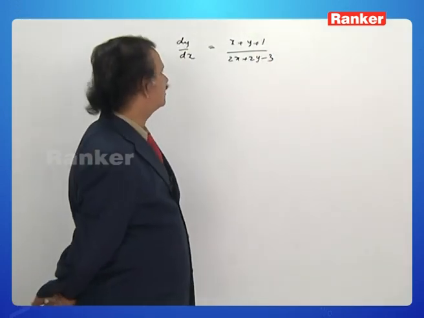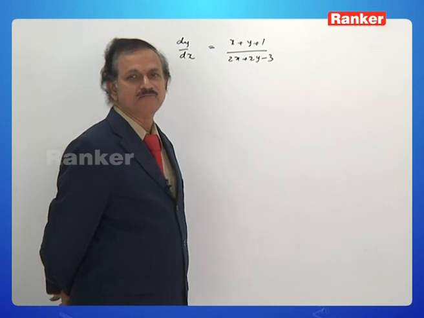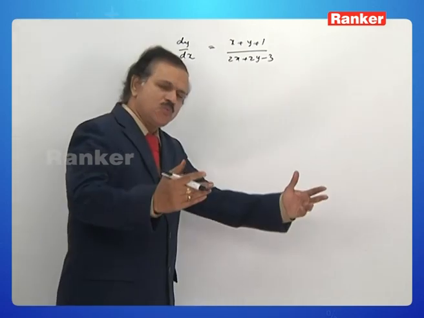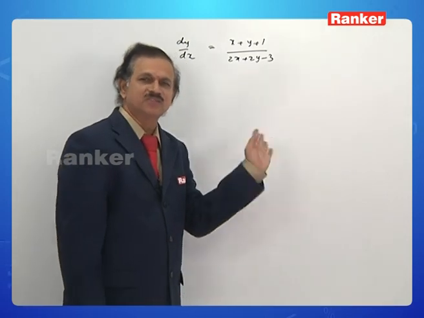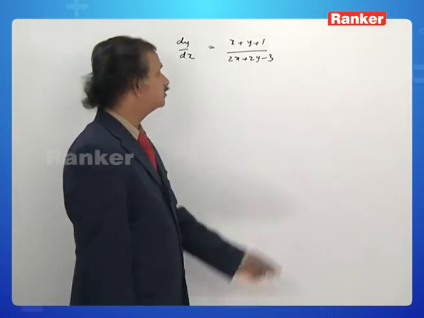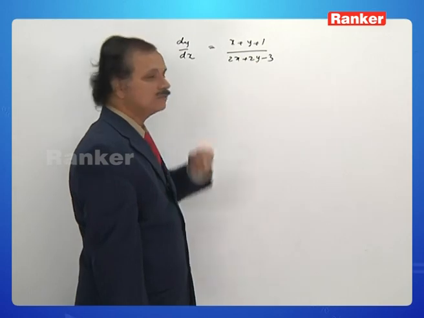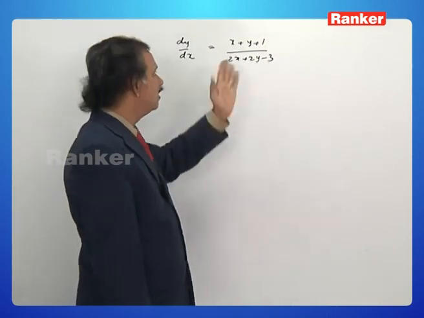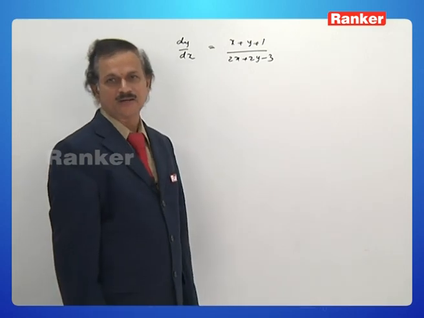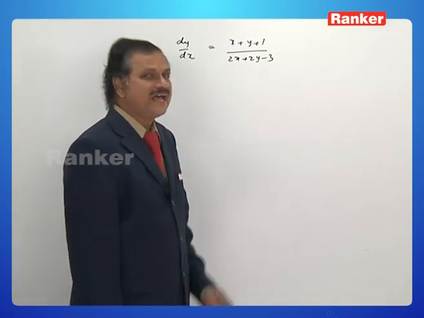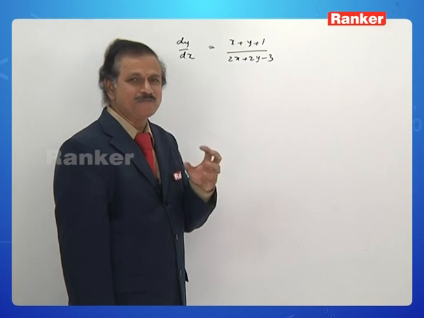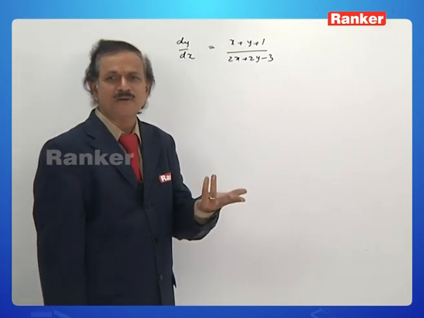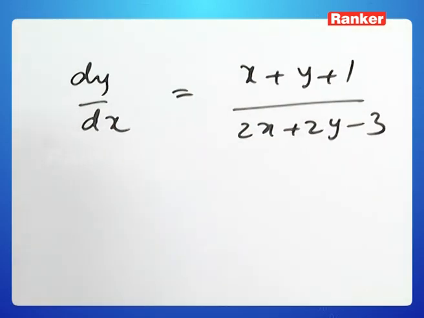In this problem also, it is very easy to notice that this belongs to case 1. Why? Because x plus y can be formed as a common expression in both numerator and denominator. It's nothing but x plus y.